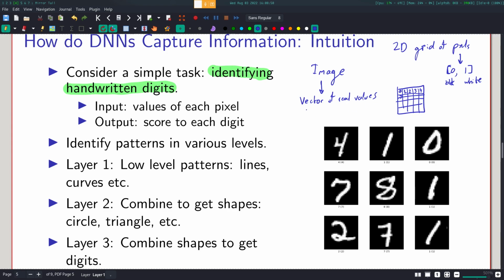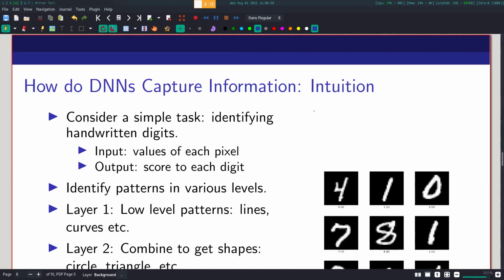What you get at the end of the day is an array of real numbers, which you can think of as a vector of real values. So it's clear that the input is an image, and that image is a vector of reals, right? Is this clear?